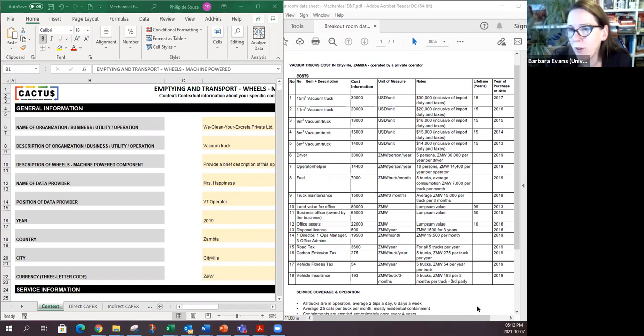They also quite often only count, for example, the capital cost of constructing the asset rather than the operational cost. So one of the principles of Cactus is that we're collecting data from operational systems which are on the ground with all their faults and inefficiencies, because we're really trying to work out what it really costs when you've built all the stuff and you're running it, rather than the theoretical.